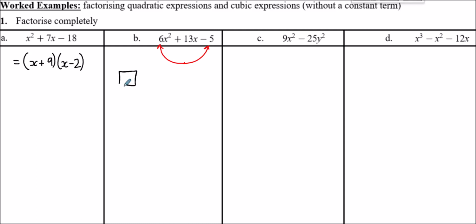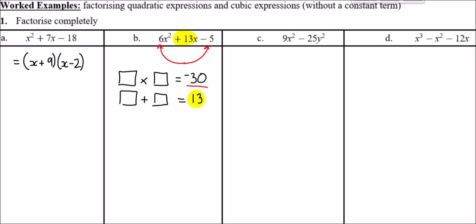So what we need to hunt for here is two numbers that multiply together to give us minus 30, but when we add them, we get this number 13, positive 13. So minus 30 by multiplying these two, and 13 because of this number here.